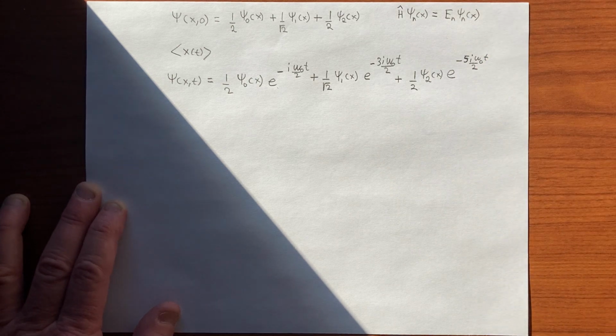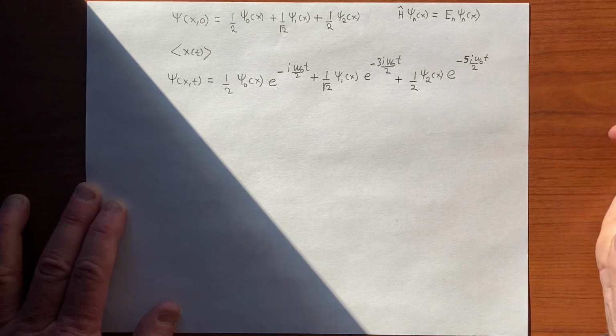So we get that. 5/2 omega naught for the frequency of oscillation.